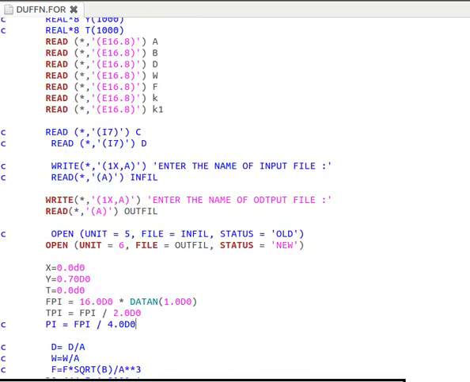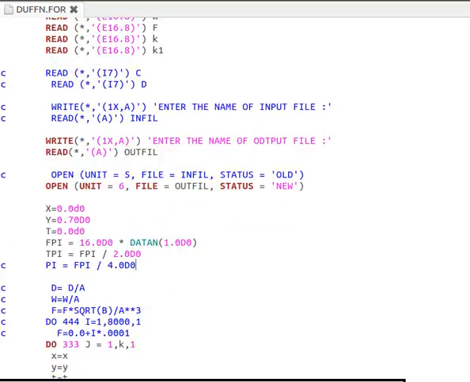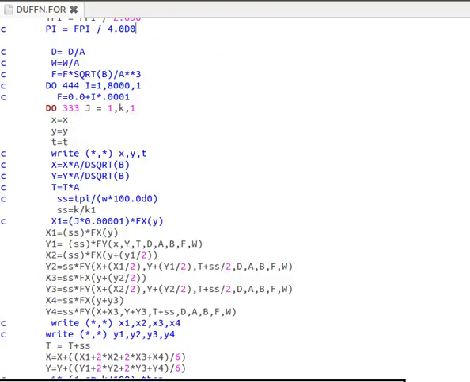So this is the algorithm. Start from j equals 1, it will go up to the number of iterations defined by k in increments of 1. When j equals 1, x equals x, y equals y, and t equals t.